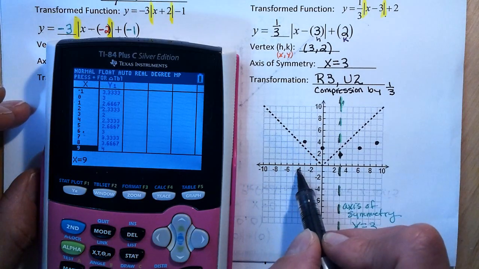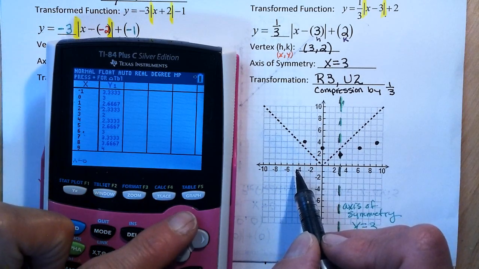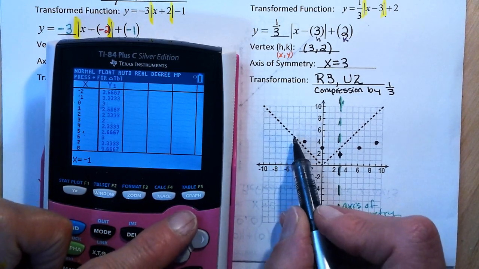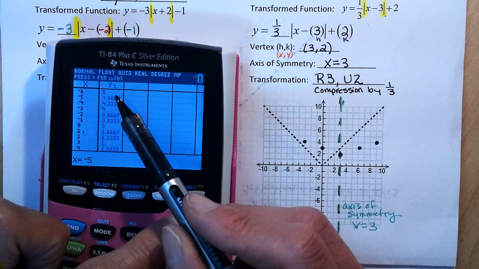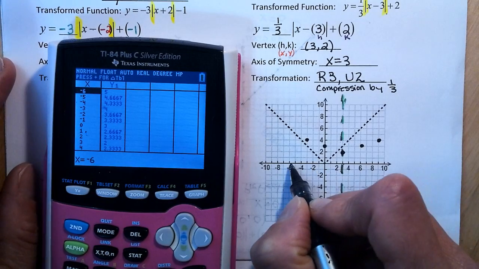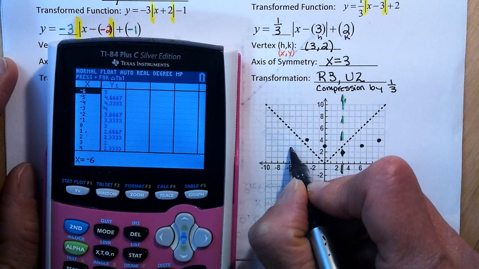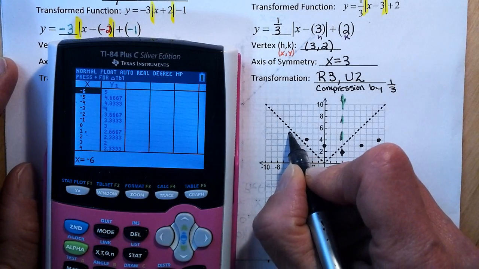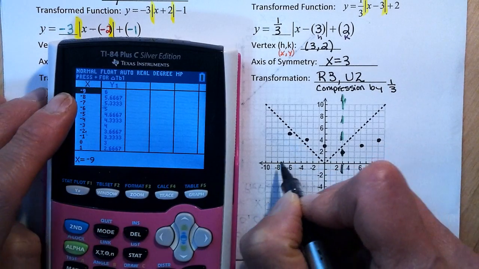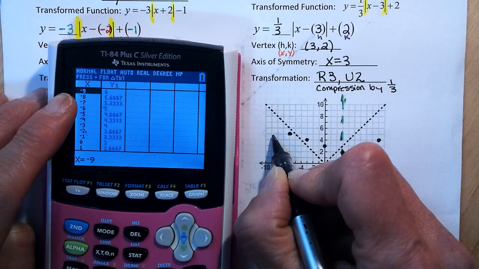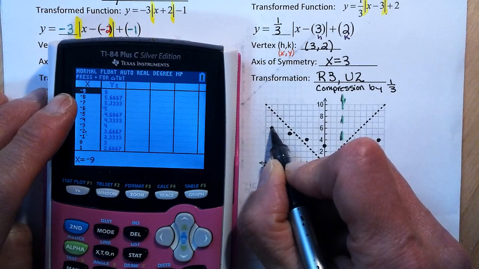Let's find the value on the other negative side. Let's get a few more here so we have a good idea of what's going on. I did -3, 4. So let's do -6, 5. And then I have -9, 6.